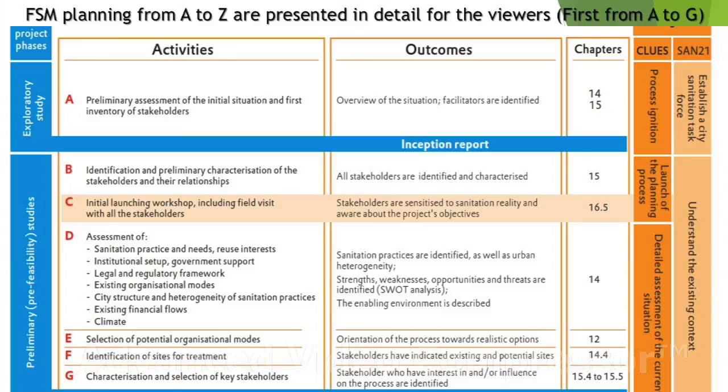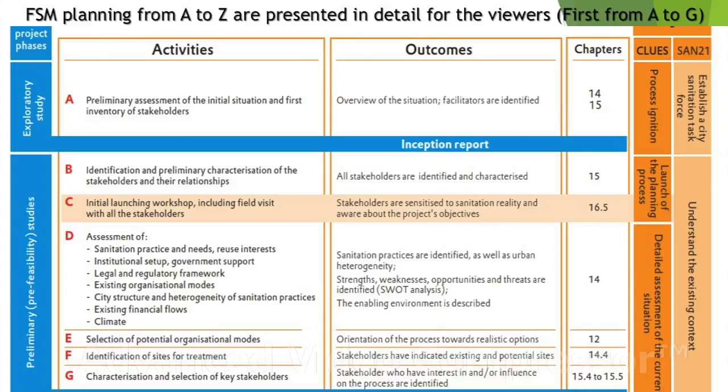These are the activities which has to be considered after the initial launching workshop including field visit with all the stakeholders. The corresponding outcome will be sanitation practices are identified as well as urban heterogeneity, strength, weaknesses, opportunities and threats are identified, that is SWOT analysis. The enabling environment is described.